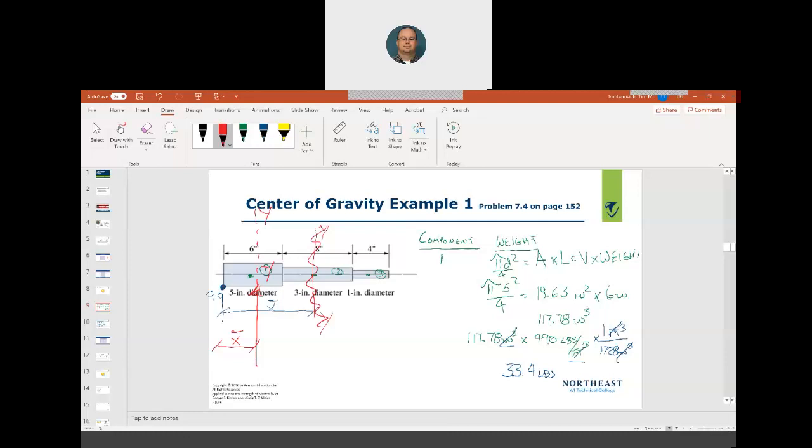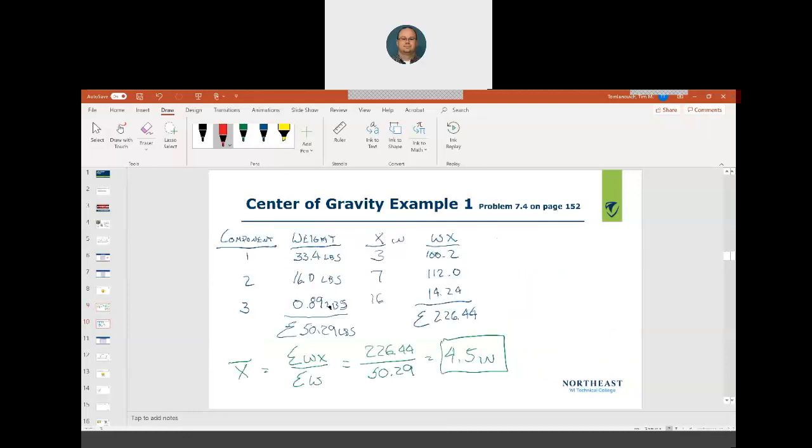Because this 5-inch diameter is a big area, so that's where I can put my finger, and this thing would be balanced. Why is this important? Because if our loads are not on the centroidal or center of gravity axis, we create a moment and it starts bending and shearing. We'll talk about that more later. So that's how I find the center of gravity.